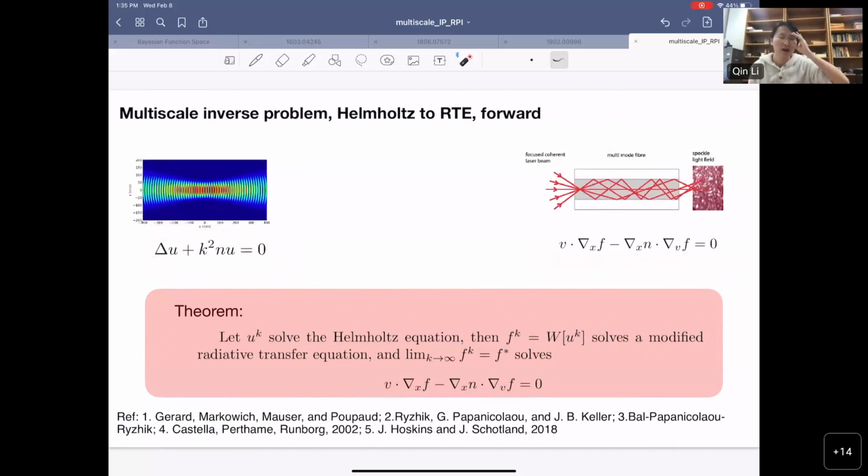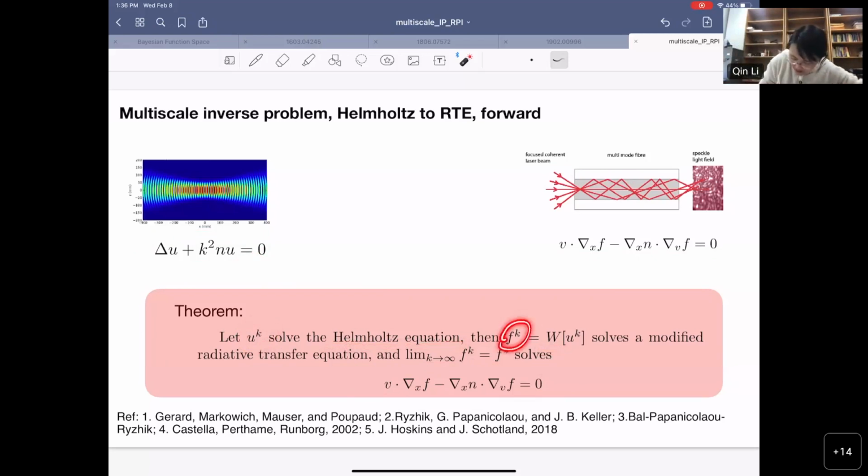the refractive index. So this beautiful theorem came out in the late 1990s, really early 2000s, that basically says the Helmholtz equation and the radiative transfer equation are the same equation in the sense that if my u solves the Helmholtz equation, I do some kind of Wigner transform, some kind of transform to compute a new function.